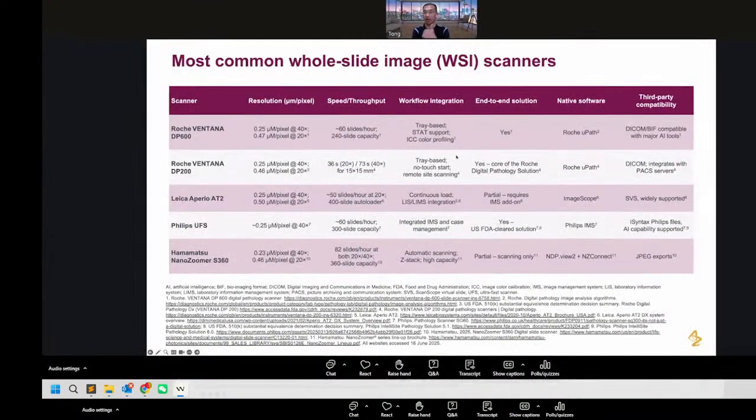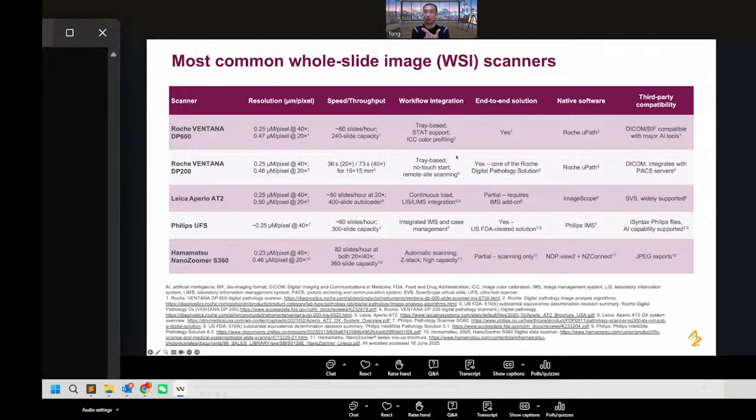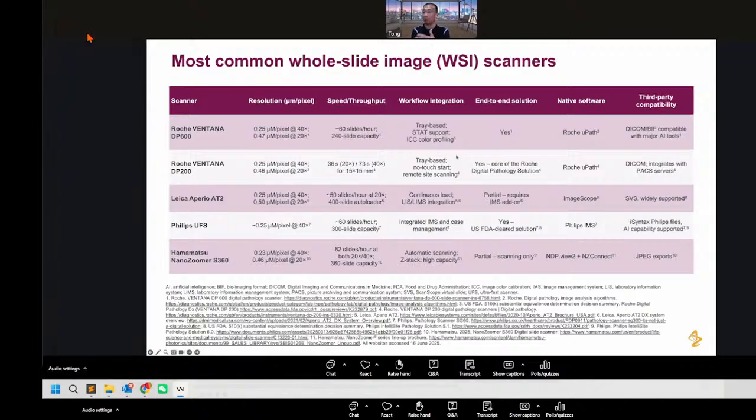Because you have to have your scanner, and you have to have the storage. Storage and IT are very important because each whole slide image, if not compressed, can be as big as 30-something gigabytes. But most slides are already compressed after image processing, so it will be roughly 1 to 5 gigabytes per slide.